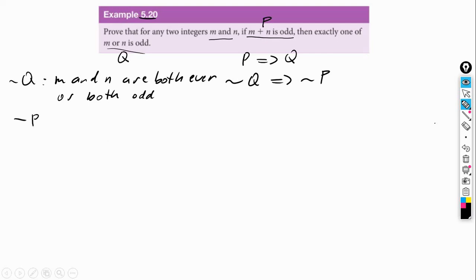Then not P would be the statement, the sum m plus n is even.